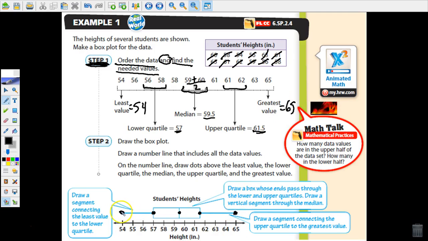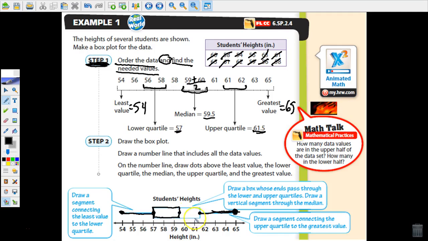So I make a line to connect my least value and my lower quartile. Okay? And then I draw a line to connect my upper quartile to my greatest value. Not the best line in the world, but I'm trying my best. Okay. So now we draw a rectangle going through our lower quartile and our median.